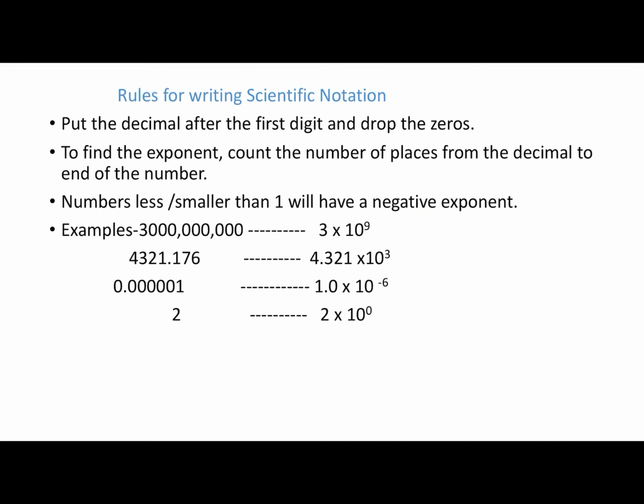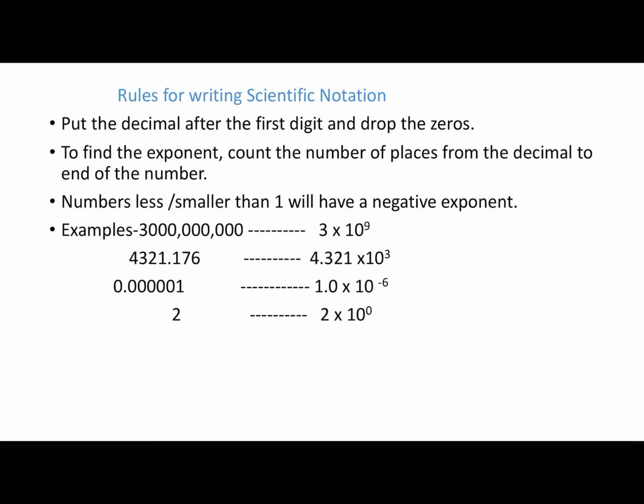There are some rules for writing scientific notation: how many places we need to move the decimal point, and when the exponent will be negative or positive.